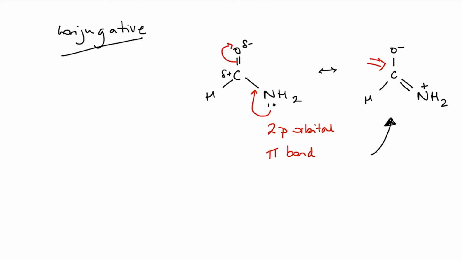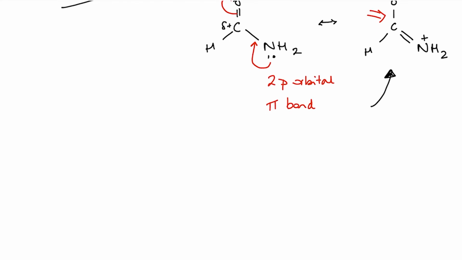We see a similar conjugative effect when comparing the carbonyl stretch for saturated and unsaturated molecules. So if we go back to propanone, that is a saturated ketone. We have got the carbonyl stretch at around 1715 centimeters to the -1.